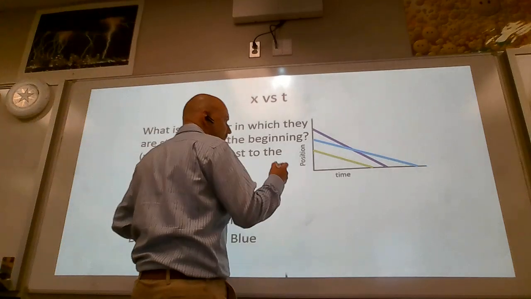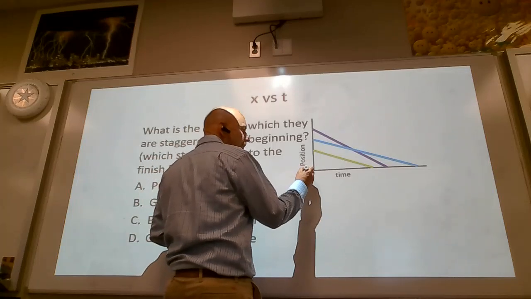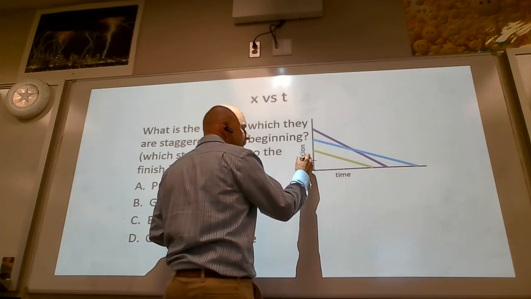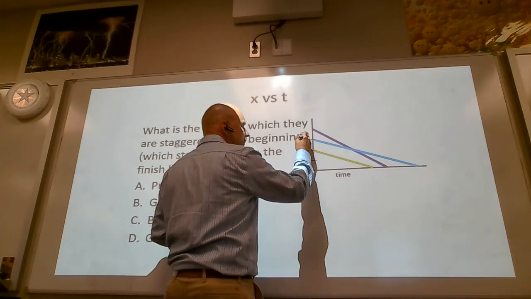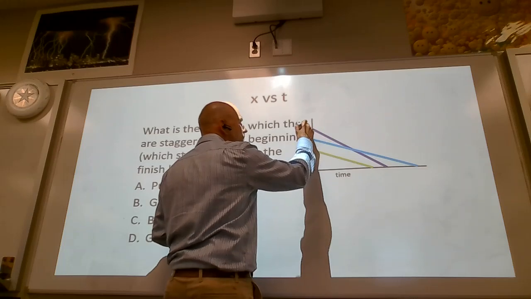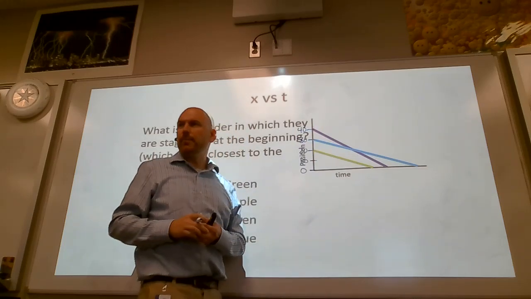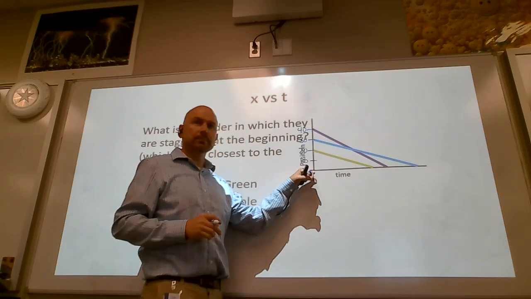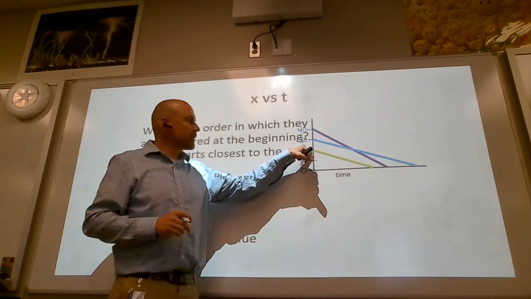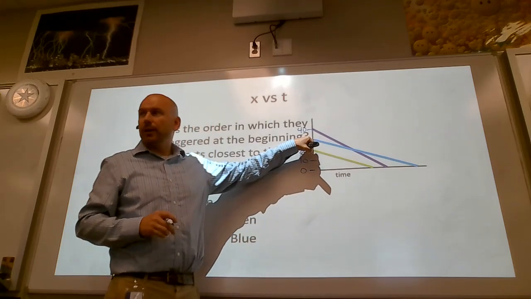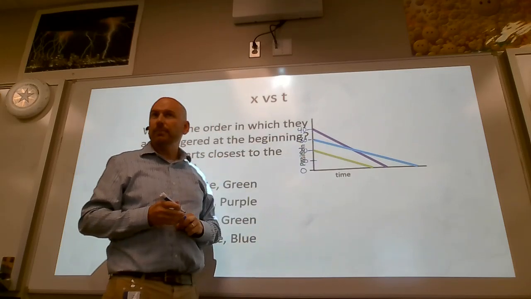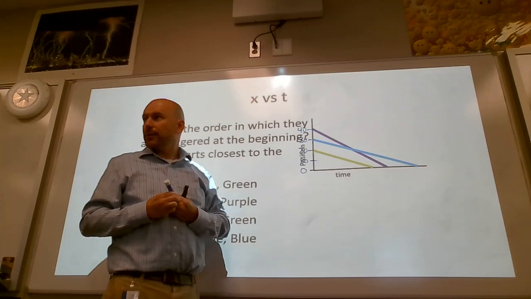For this one, like if we put ourselves on the football field, 10, 20, 30, 40. Where are they all racing to? To the 0. The green started at the 20, the blue started at the 30, purple started at the 40. Does that make sense?